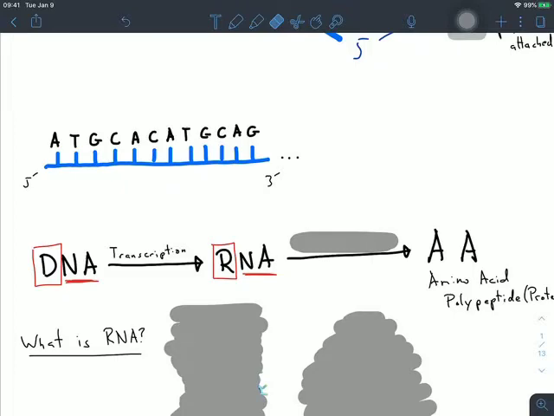When we go from the language of nucleic acids to amino acids, we have to do translation. And so today's lecture is going to be covering all of the steps of transcribing this segment of DNA into RNA and then translating that RNA product into a chain of amino acids.